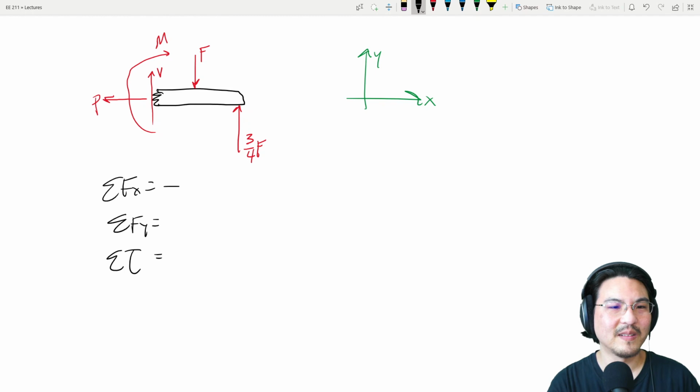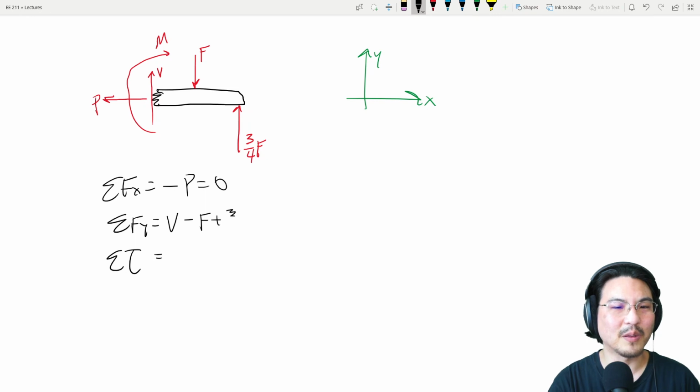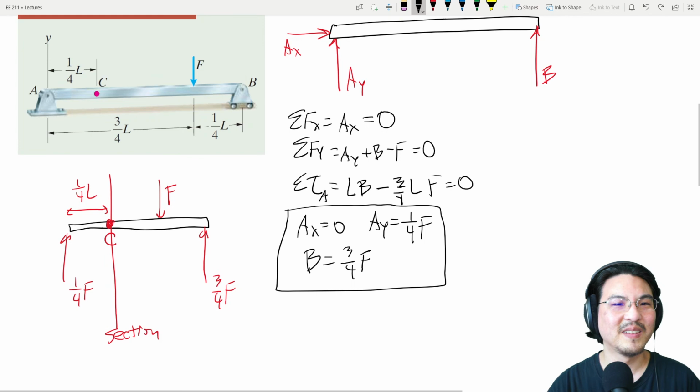Okay, so in the X direction, negative P. That's it. Y direction, V minus F plus 3/4 F. Okay, let's sum torque about, how about over here, the left side. So there's torque from this. Actually, how far? I didn't label the, so 1/4 L.